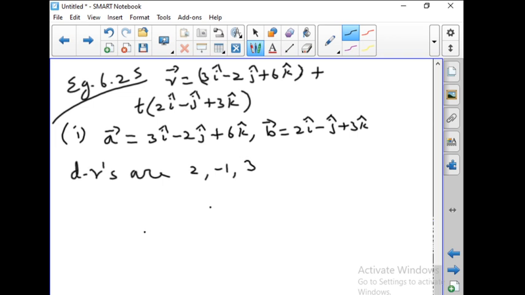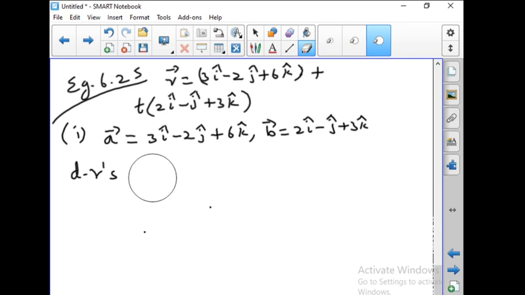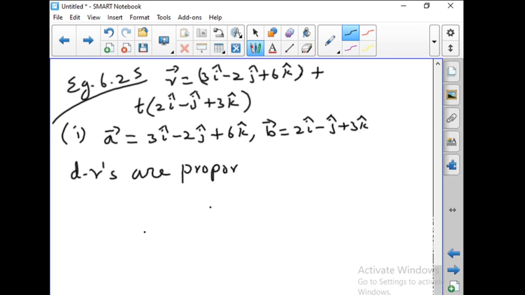So direction ratios of the given straight line are proportional to 2, minus 1 and 3.